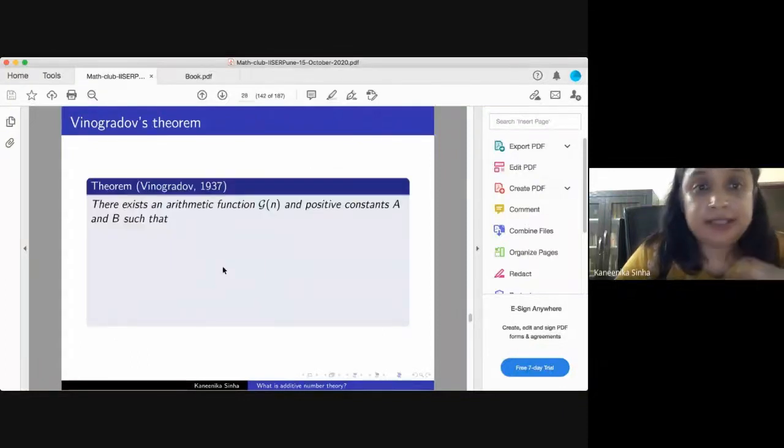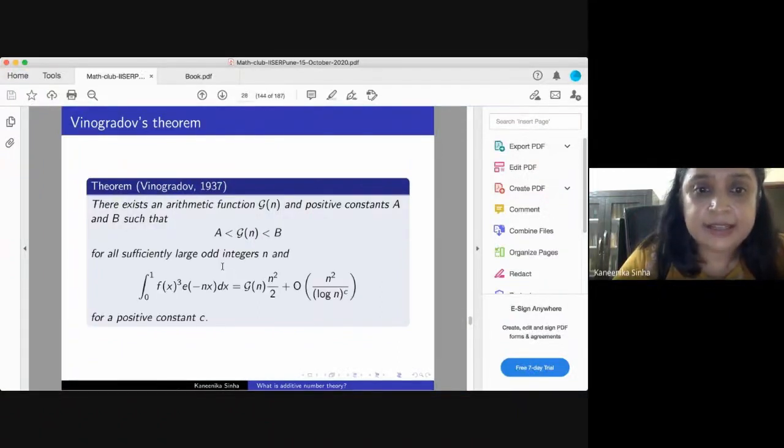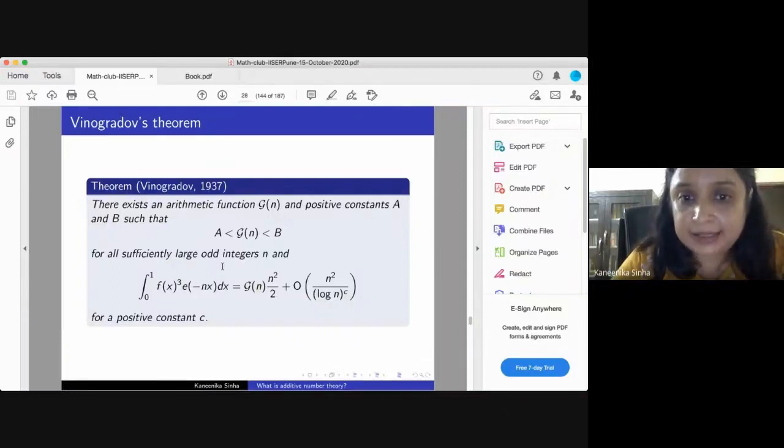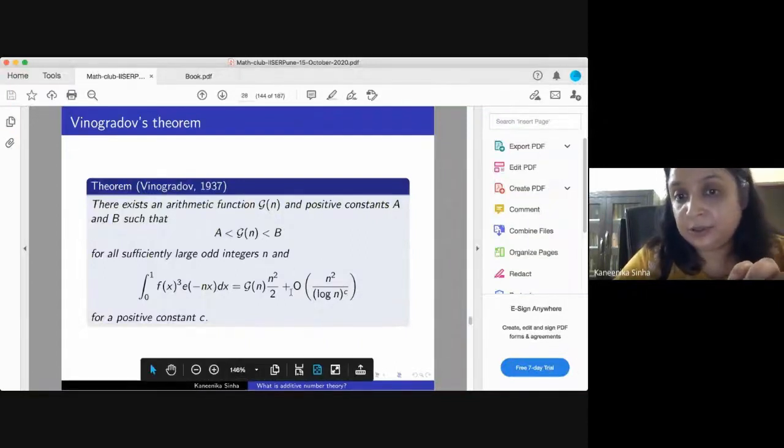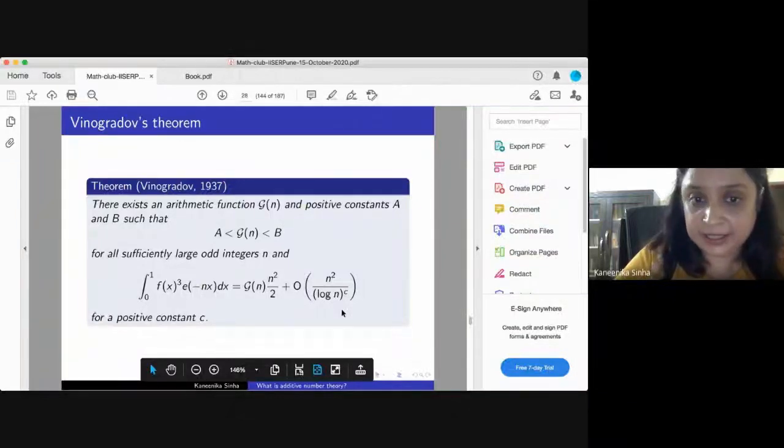And so this is basically Vinogradov's theorem, which is a little more precise way of saying what I just said, that this integral of f of x cubed e of minus nx dx can be written as something which is of the order of n squared plus an error term. So this is the contribution from the minor arcs, which is saving a small factor over n squared. So the error term is smaller than the main term.